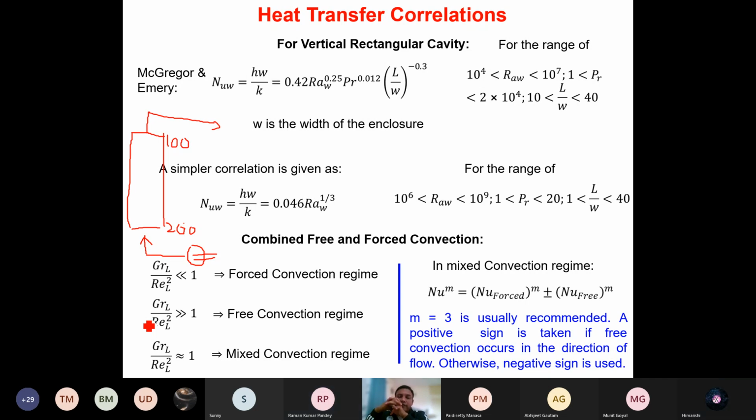So if this Grashof number is very high compared to the Reynolds number, what does that mean? The free convection is dominating over the forced convection, isn't it?